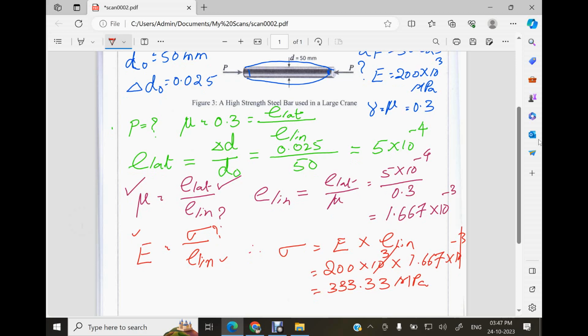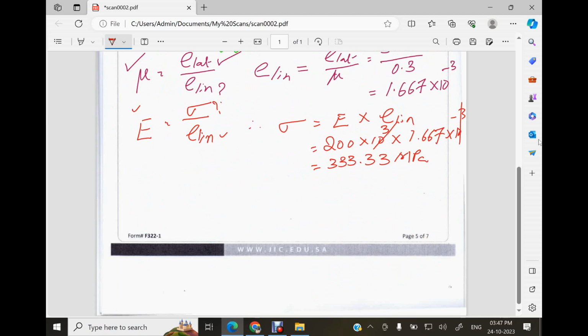Now you have the value of sigma. Sigma is equal to force P divided by area. Let us calculate the area. Area is equal to pi into D, initial diameter 50, squared, divided by 4. Pi D square by 4 is 1963.495 millimeter square. Don't forget to write the units.